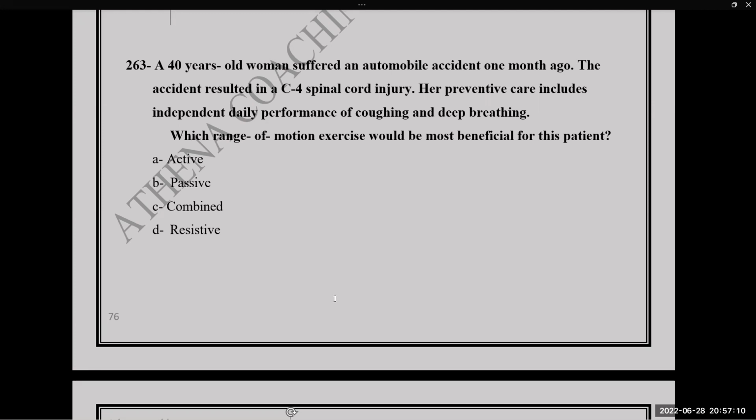So the situation of the patient is a 40-year-old patient with an accident and C4 spinal cord injury. See, basically in case of spinal cord injury, you have to just remember the spinal cord always starts from C1, cervical 1, and it extends up to L3.